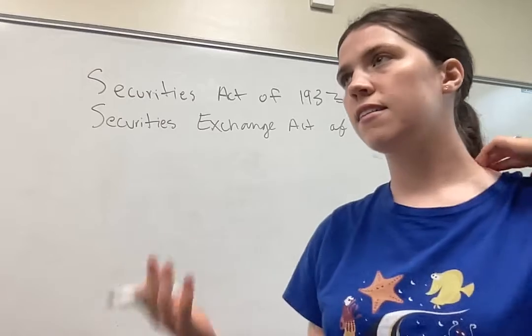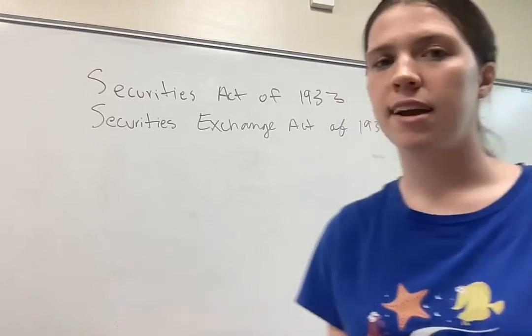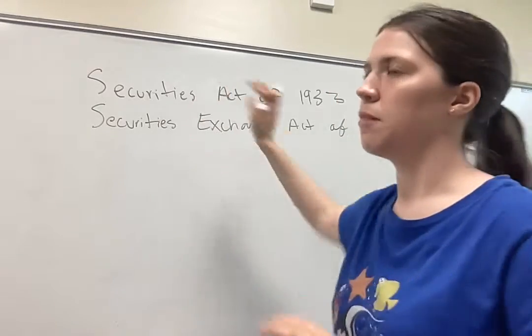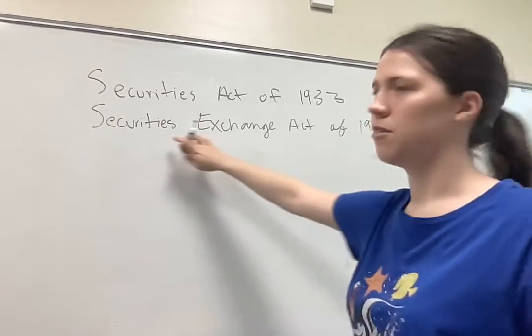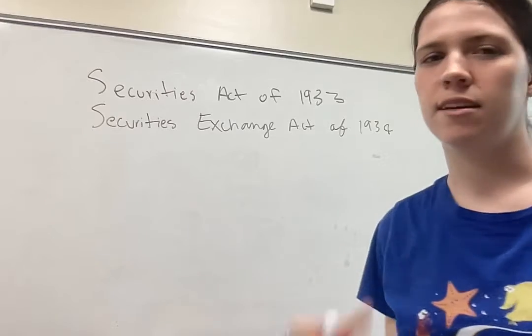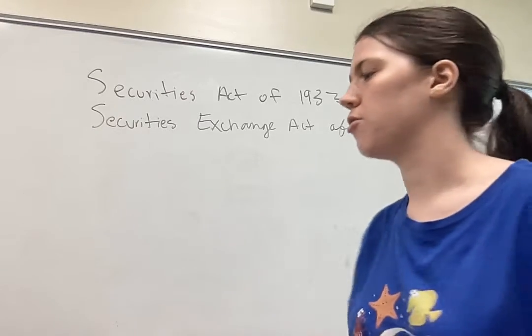So trades, exchanges, like on the New York Stock Exchange, after the IPO, then people of course like to trade their stock a lot, so this regulates like the secondary market, the second time that stock is traded.